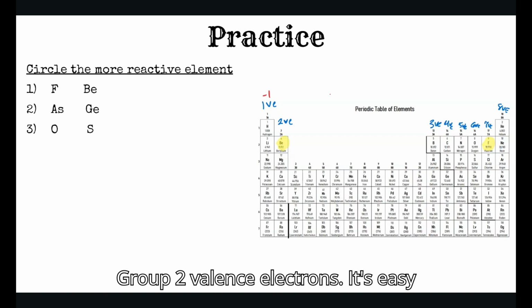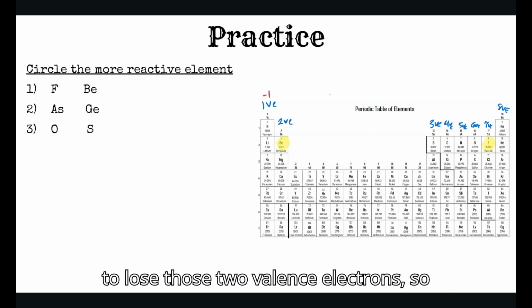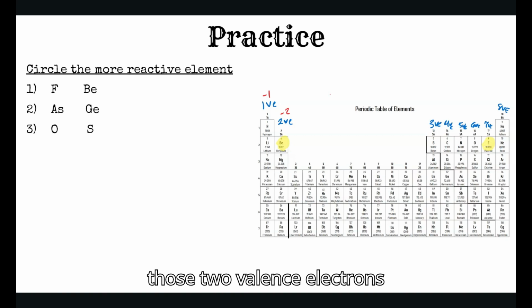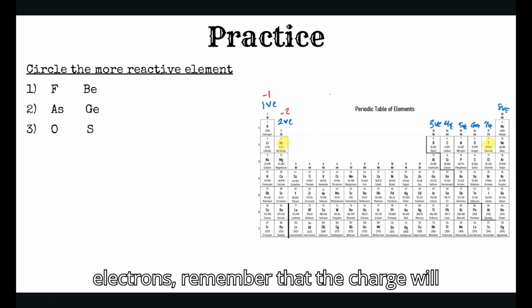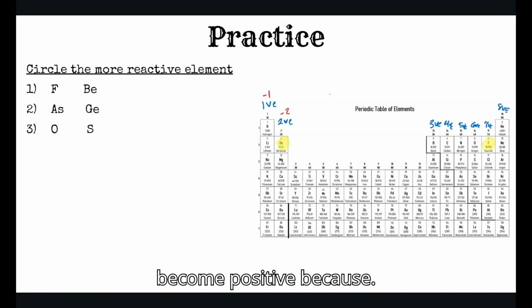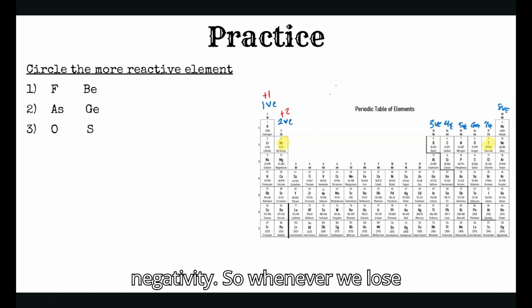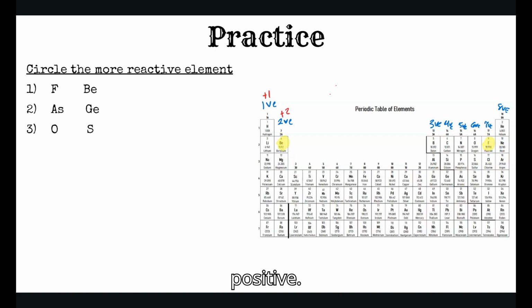In group two, two valence electrons, it's easy to lose those two valence electrons, so everything in group two will typically lose those two valence electrons total. Now, whenever we lose electrons, remember that the charge will become positive because what we're doing is that we're losing negativity. So whenever we lose negativity, the atom will become positive, right?